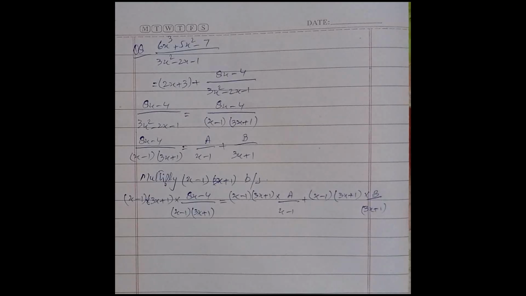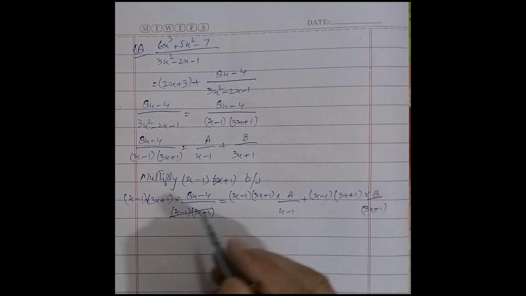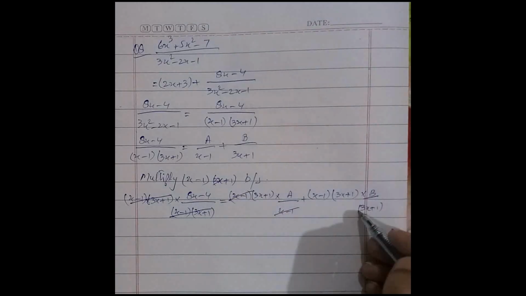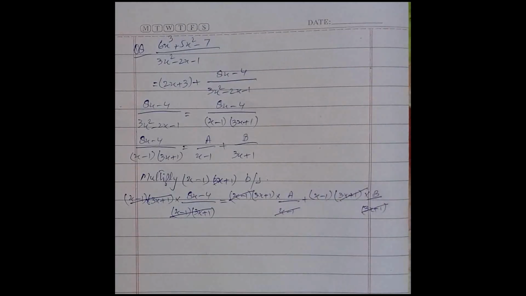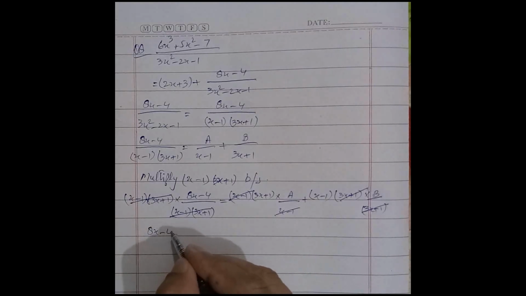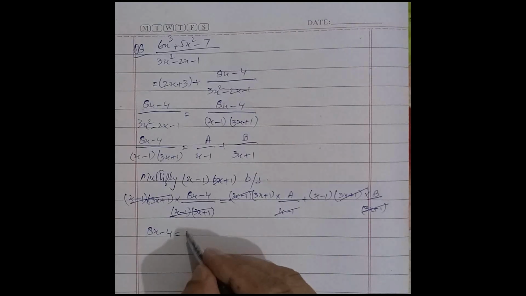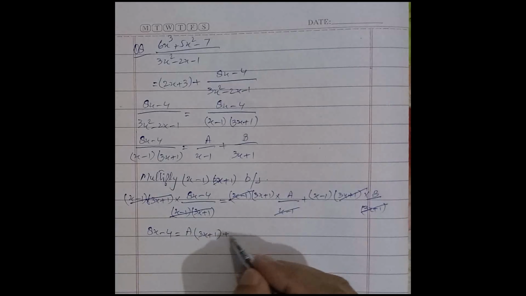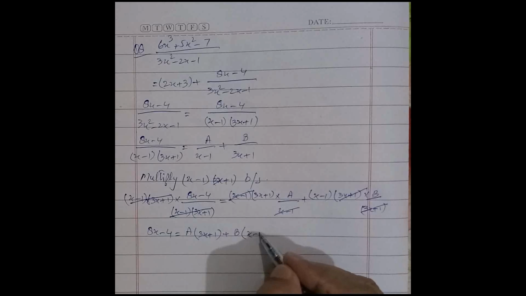Now simplify these values. These two values cancel: x minus 1 or 3x plus 1 is equal to 3x plus 1. And the remaining values are 8x minus 4 is equal to a into 3x plus 1 plus b into x minus 1.